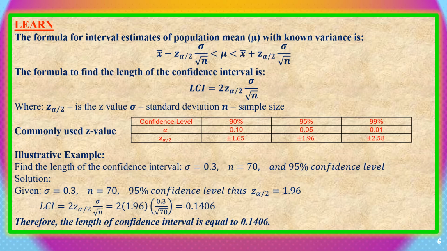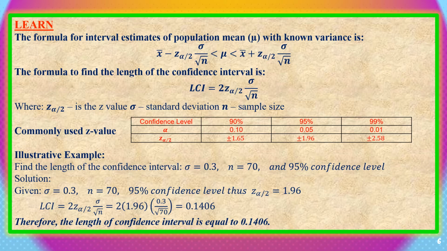So with that, your LCI is equal to 2 times z sub alpha over 2 times standard deviation over square root of n. You substitute the given to the formula. So you have there 2 times 1.96, which is your z sub alpha over 2, times 0.3, which is your sigma, and over square root of 70, which is your n. So that would be just equal to 0.1406.